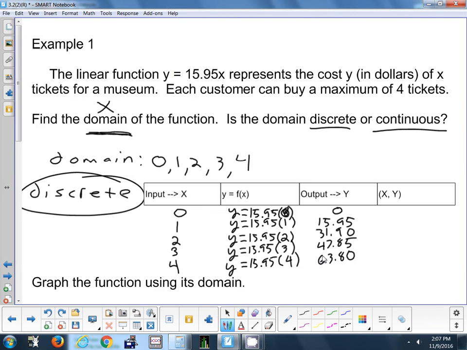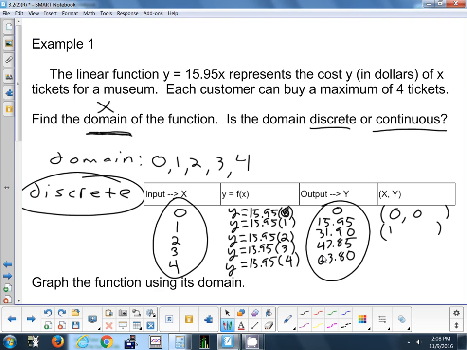Okay, so now we have a column of x's, and we have a column of y's. The column of x's is how many tickets you buy. The column of y's is the cost to buy that many tickets. So now we can organize it as ordered pairs. What's the cost to buy 0 tickets? $0.